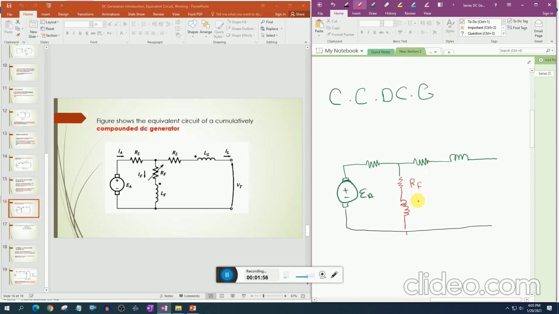So this is the field winding which is connected in shunt, and this is the field winding connected in series. This is the armature resistance. This one is IA. This is VT.